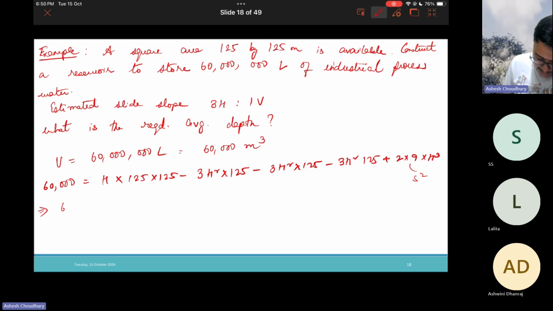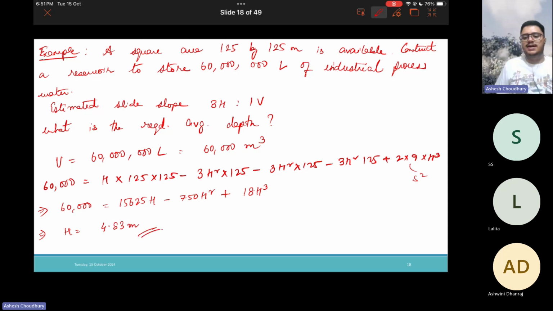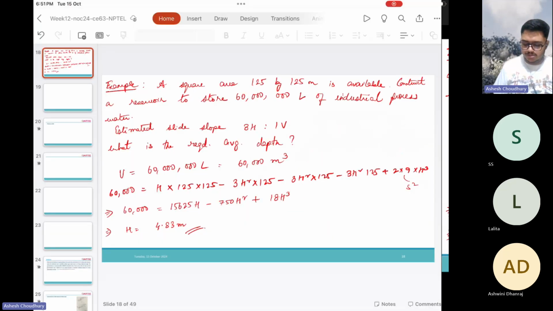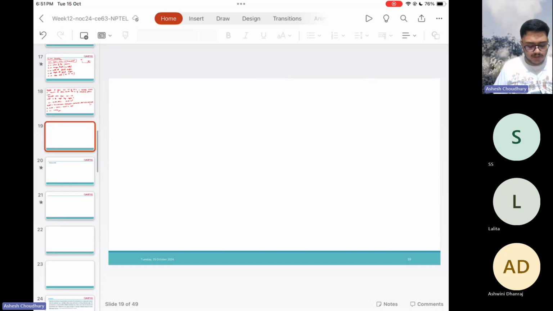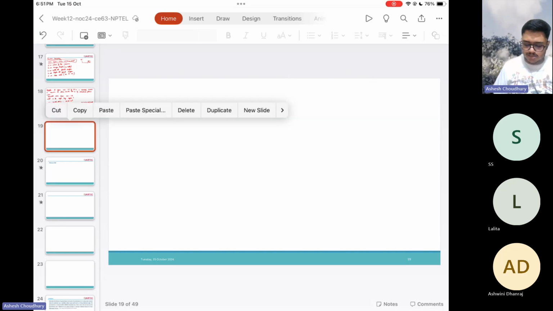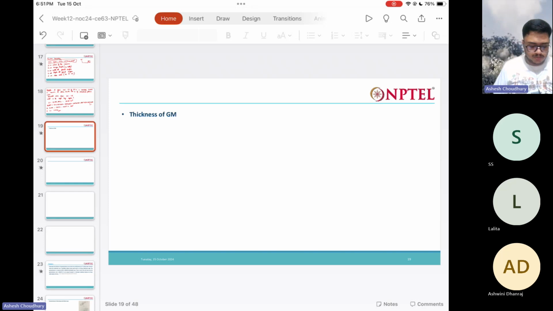Find it out, solve this and find out H. You will get the average depth as 4.83. Just do these problems by yourself, try to solve this again and check whether you are able to get the answer or not.